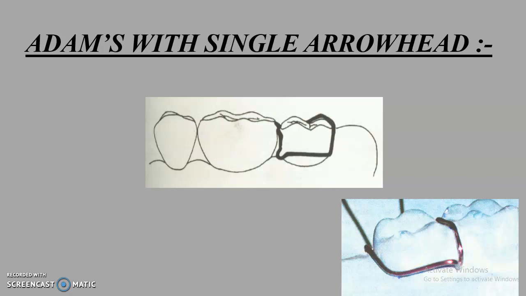It would probably be the last erupted molar, partially erupted, so that we can't give another arrowhead over the distal side. So this is Adams with single arrowhead that is given for partially erupted teeth.